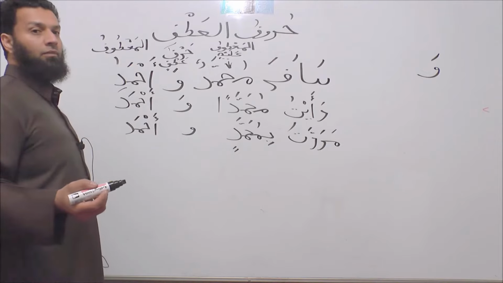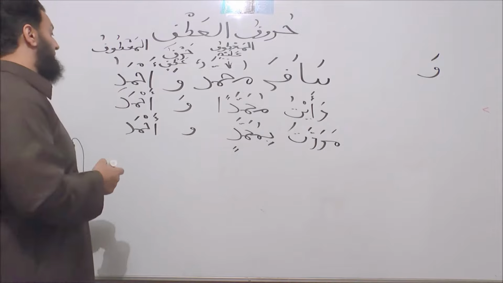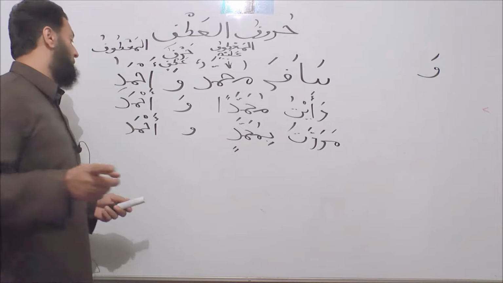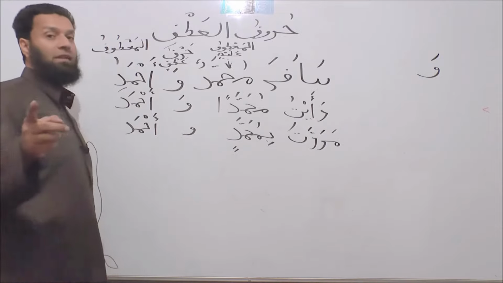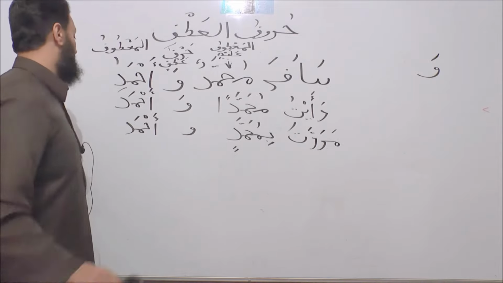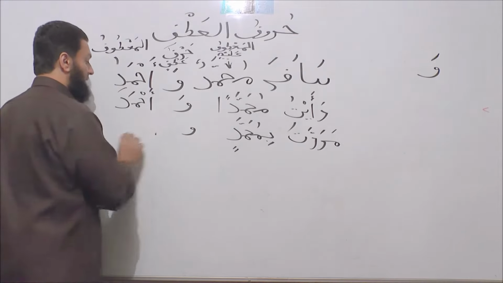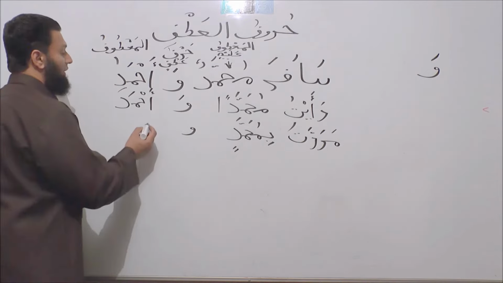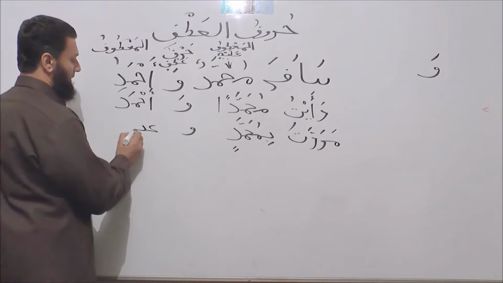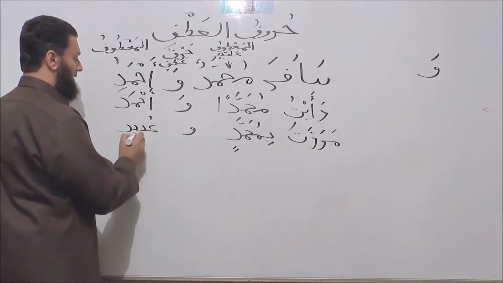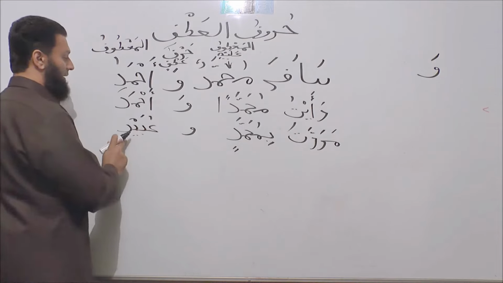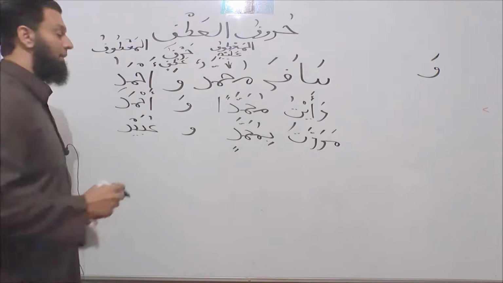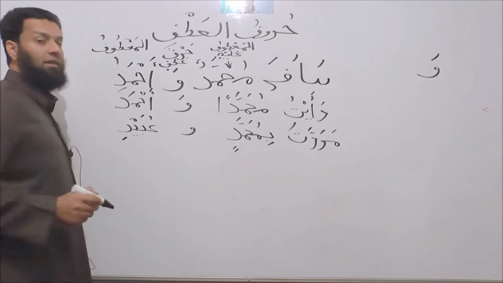With the one single kasra, wouldn't it? Yes, but remember that Ahmadu is mamnu min as-sarfi. In fact, that might complicate at this point. So rather than using Ahmed, we'll use Ubaid. Ubay, and then we say what? Ubay D. Why D?